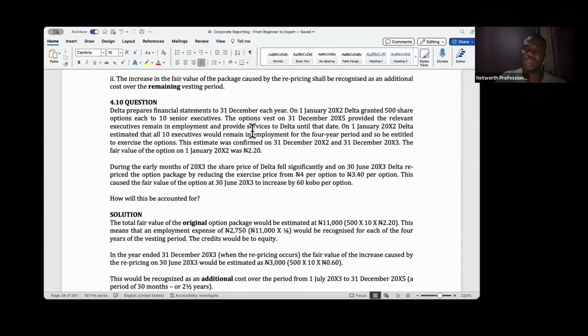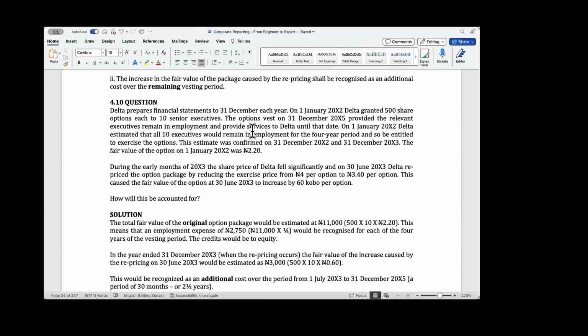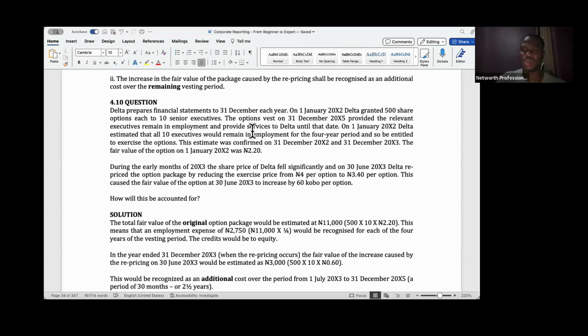So what were you expecting? I was expecting an increase since the company's share price increased. So when the company's share price increases, what did I say will happen to the exercise price? To reduce. They will reduce it to make it attractive, which is exactly what happened.